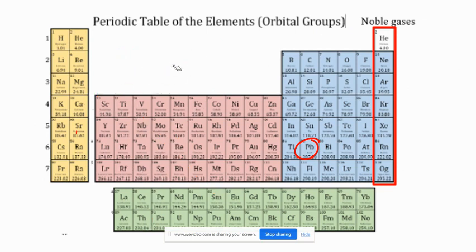We said it is number 41 right here. So the previous noble gas they asked about would be krypton, Kr. Krypton's number, can't read it on here.